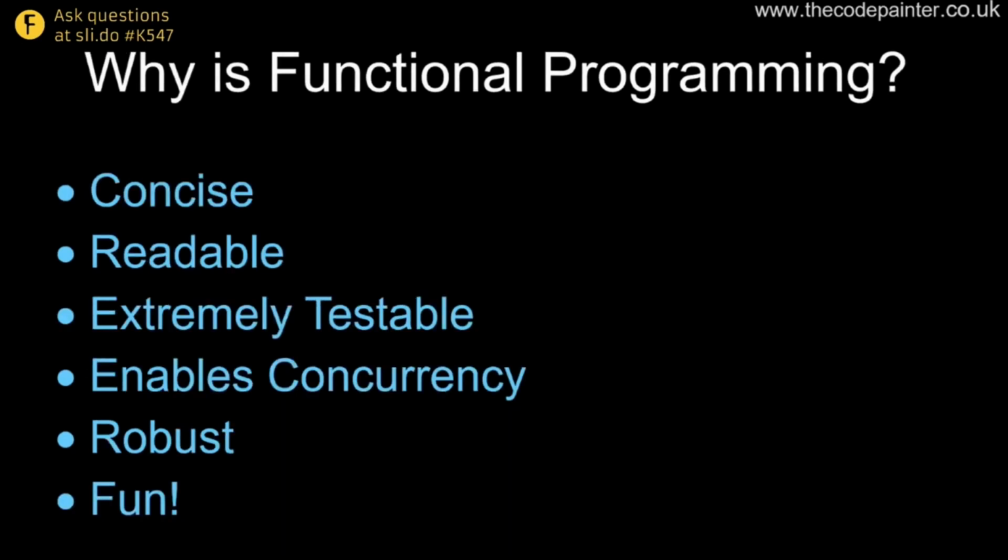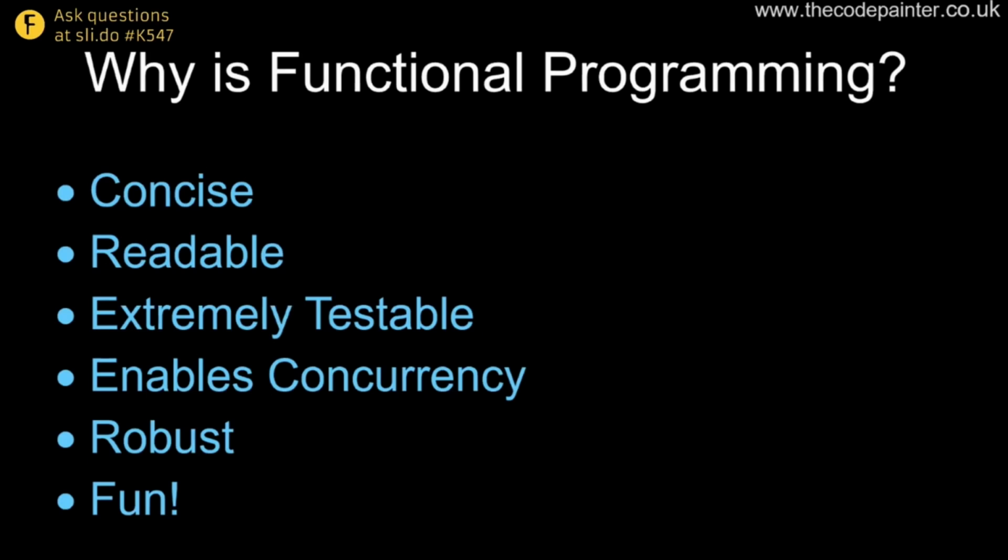So why are we interested? It's concise. Normally, I would gesture wildly with my arms, but you have to imagine that at the moment. You can compress pages of code down to just a couple of lines potentially. It's a lot more concise than old-fashioned object-oriented procedural code.